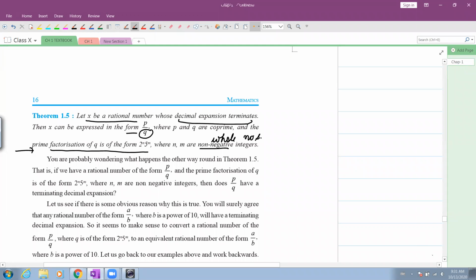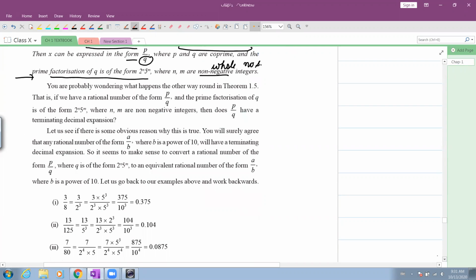And below this theorem, they have taken a few examples to elaborate it further.